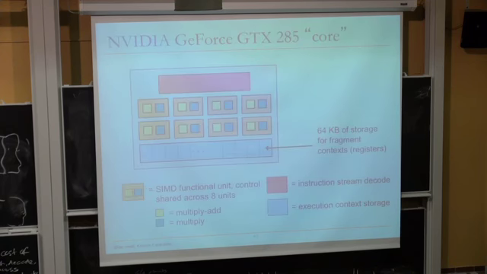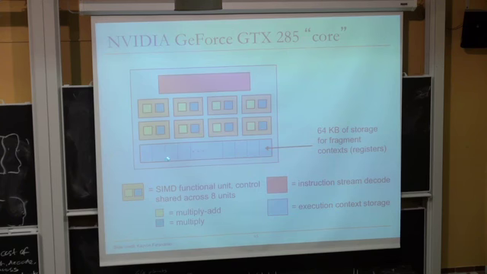Just to give you an example, this is actually an old core, I think the NVIDIA GeForce GTX 285. If you look at this core, 8 units share a single instruction stream decode unit, which means that they all have to do the same instruction, and each has a multiply-add and a multiply unit.